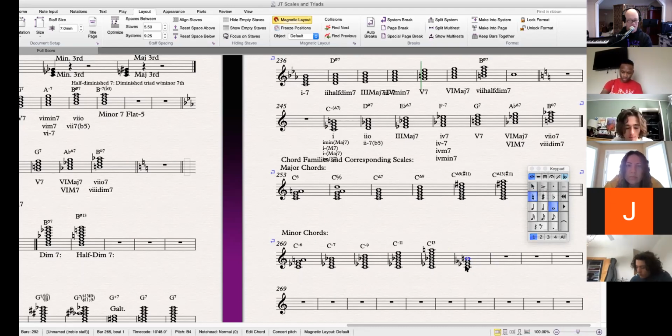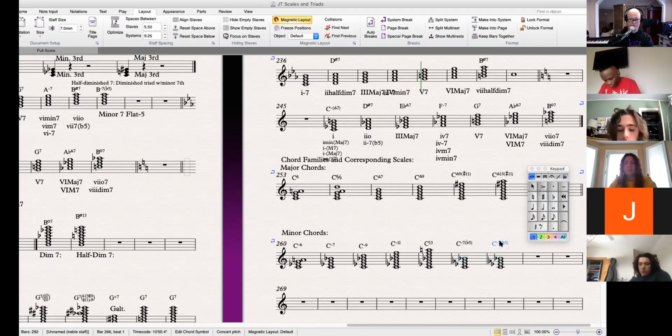But as we'll see, sorry, that should be B flat. C minor 7 flat 5, or C half diminished 7. Same chord, different label.